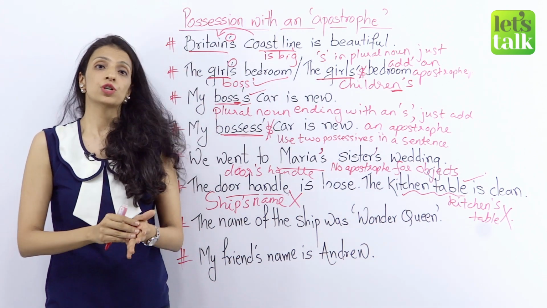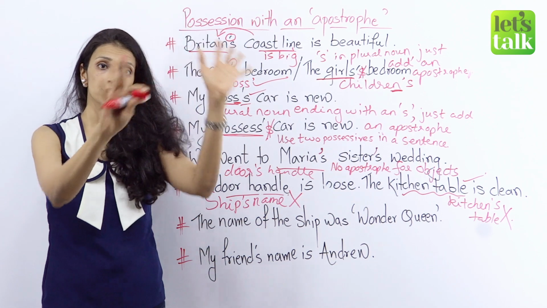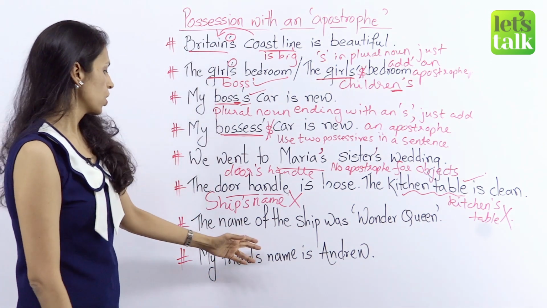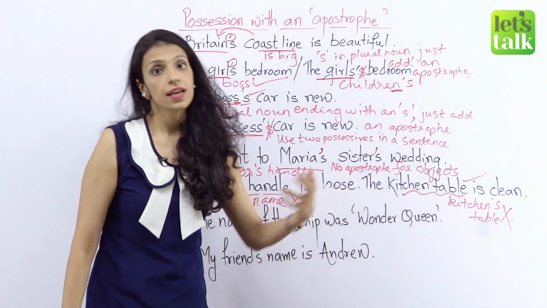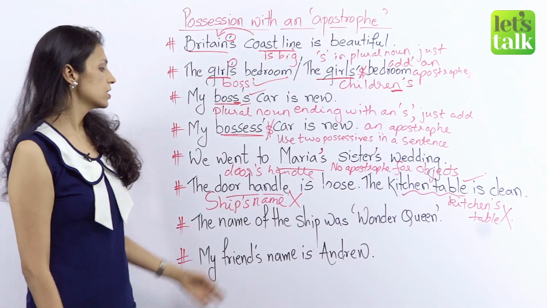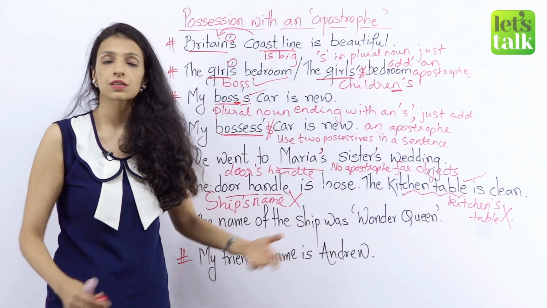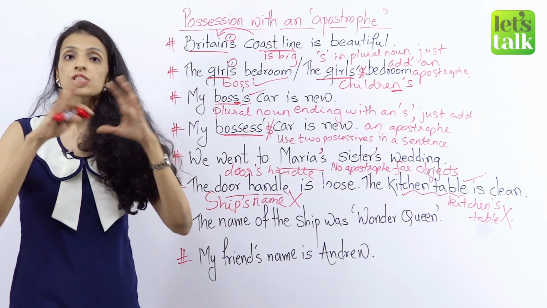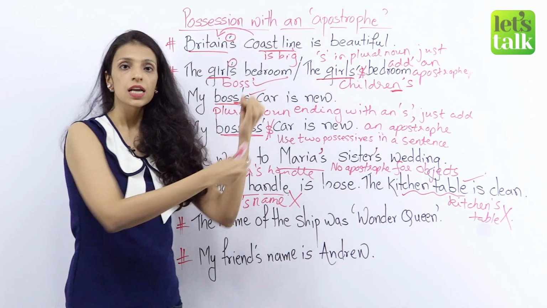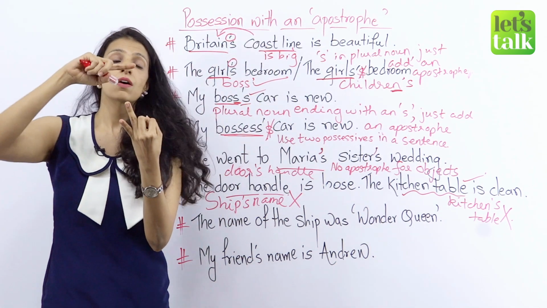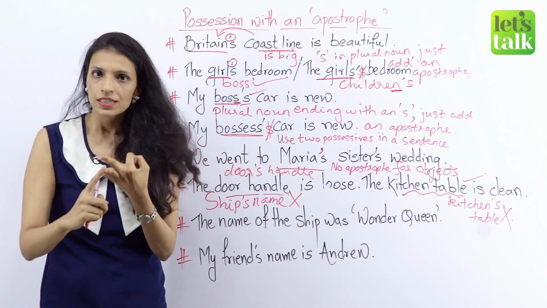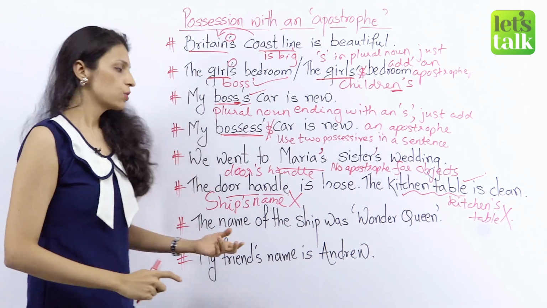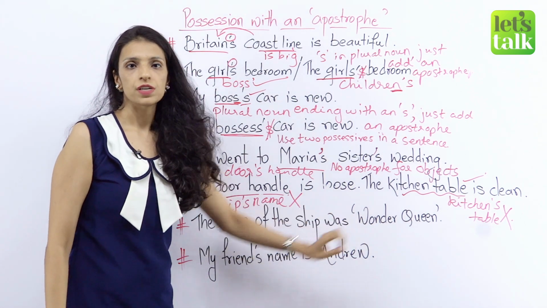Okay, if you are talking about none of these four, you will use the longer way, the name of the ship. Again, I'm telling you this, a lot of people would say the ship's name, and it's not correct. Okay, it's an object. So if something that you want to show possession is not a person, is not a country, is not an organization or an animal, go the longer way, don't use an apostrophe S.